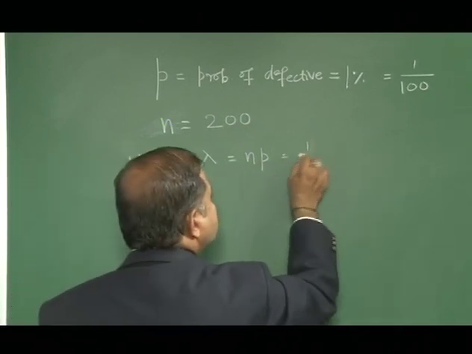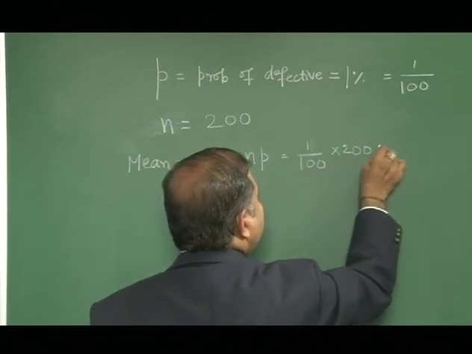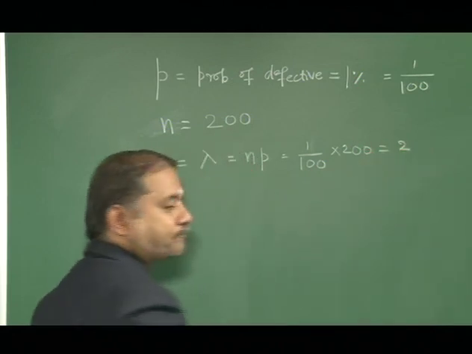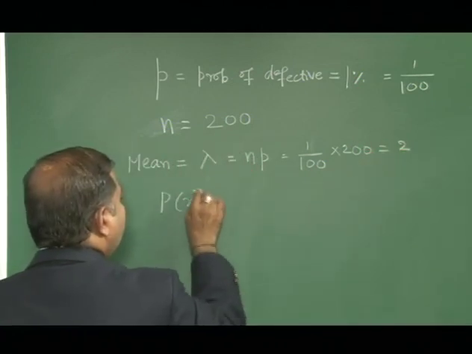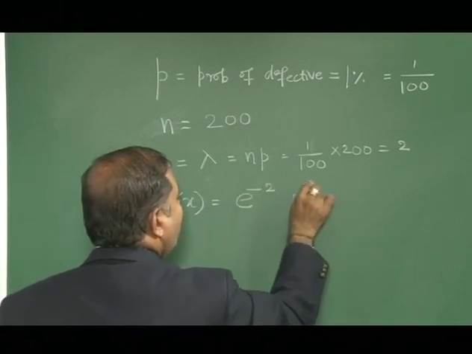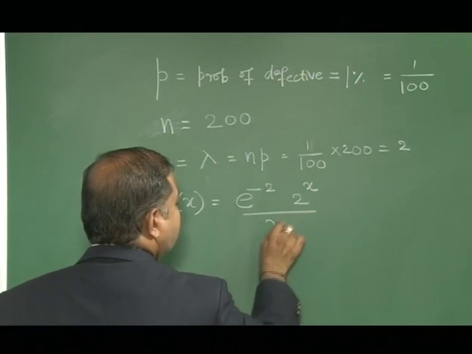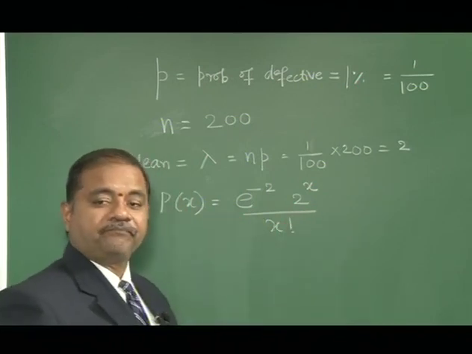So 1 by 100 into 200, automatically the value is 2. My lambda is 2. So what is my P of x? E power minus 2, 2 power x by x factorial is my probability function.